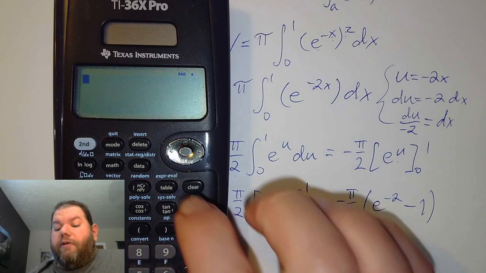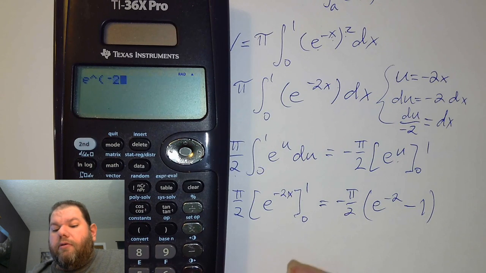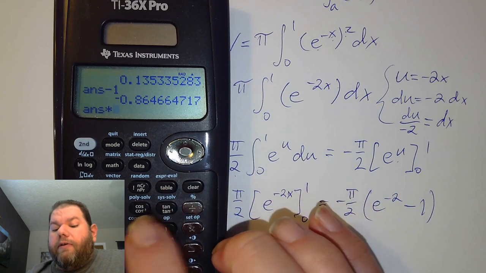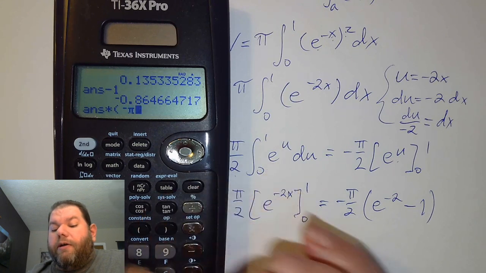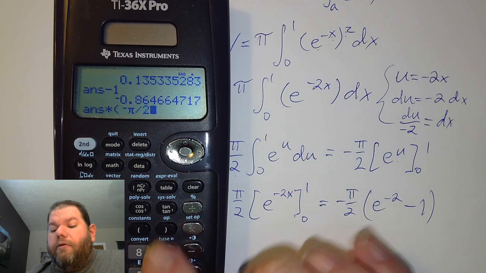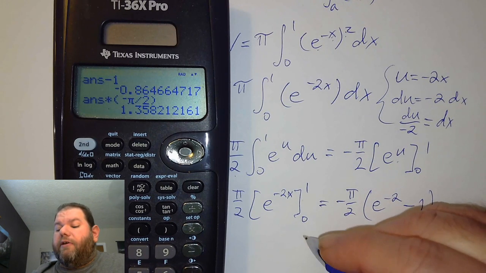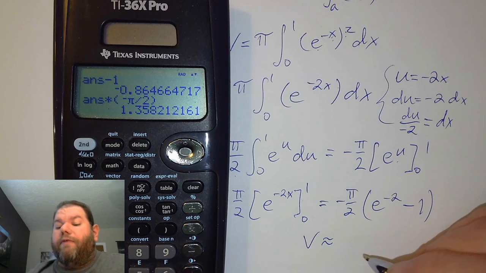So we want e to the negative 2 minus 1, and then times, let's say, negative pi divided by 2. So if we wanted to, we could approximate this answer and say the volume is approximately 1.358.